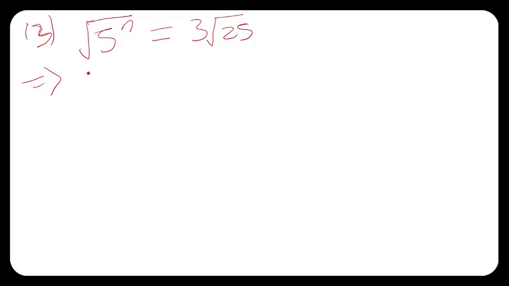So let's start. Let's do it. 5 raised to power n over 2, as 5 raised to power n times 1 over 2, because square root implies raised to power 1 over 2, is equal to 25 raised to power 1 over 3.